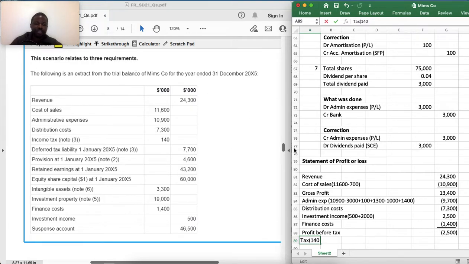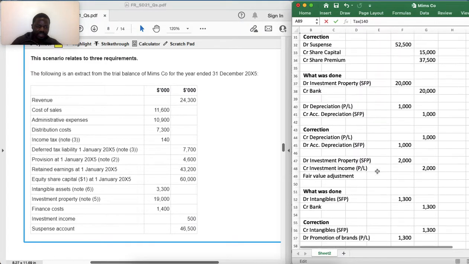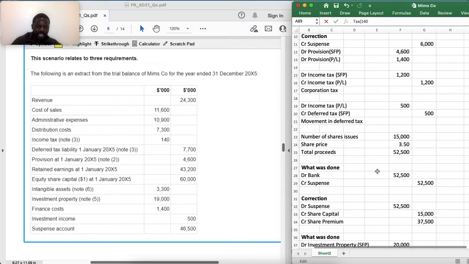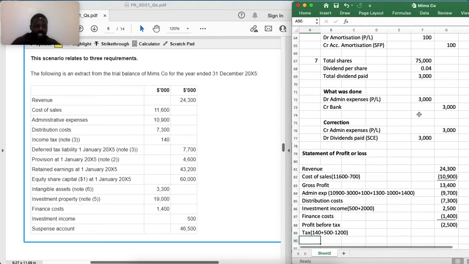Then let's go and find another tax where we did tax. We did tax here. We said we'll add 500 for deferred tax and subtract here under income 1,200, the refund.